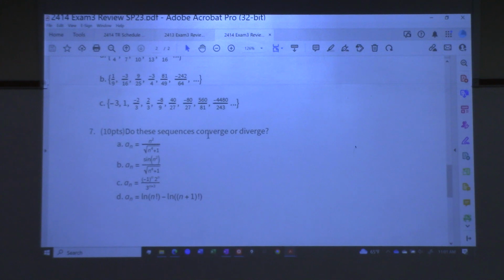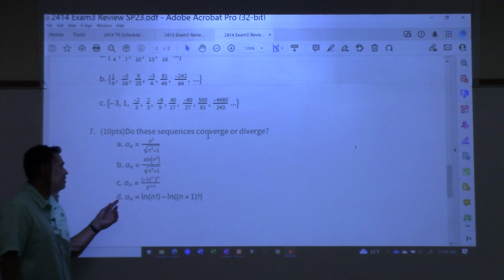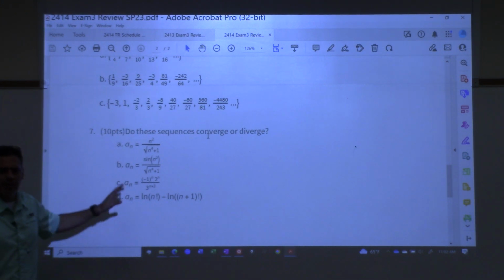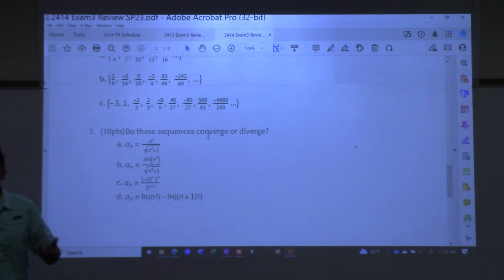And then the last part is, do these sequences converge or diverge? For all of these, you just have to take the limit as n goes to infinity. And different things happen, depending on the problem. You might have infinity over infinity, or you might need L'Hopital, you might need some other trick, maybe the squeeze theorem, perhaps.